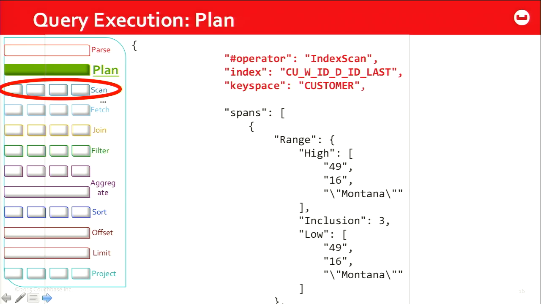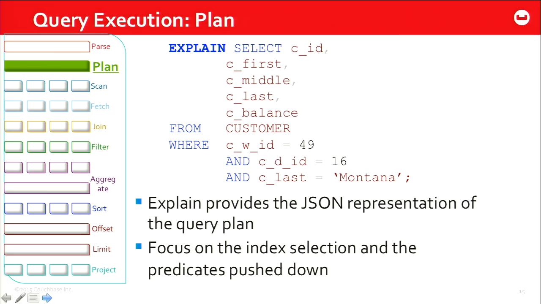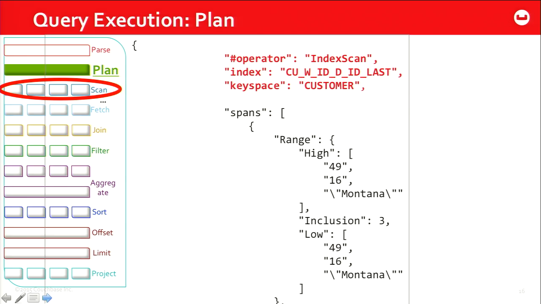Okay. So for the query we saw, we have 3 predicates. One on warehouse ID, district ID, and last name. For that set of predicates, we have a matching index that chooses all the 3, that pushes down all the 3 filters. So that's the best fit, right?